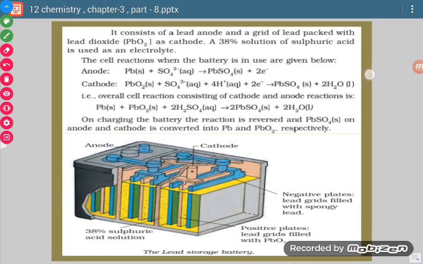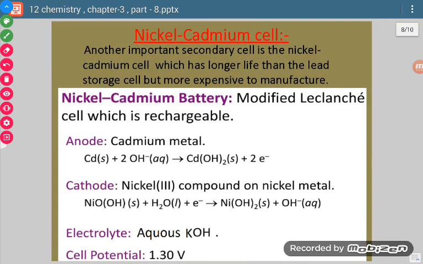Okay, now one more type of cell is there, which is a secondary cell, and it is called the nicad cell, or nickel cadmium cell. Now what is the nicad cell? It is also rechargeable, it is also a secondary cell, and it is the modified form of the Leclanche cell.